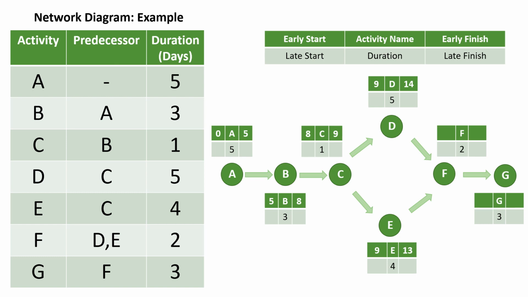So in case of 13 days, activity E will be completed, but activity D won't be completed until day 14. So when doing forward scheduling, we take the biggest number.